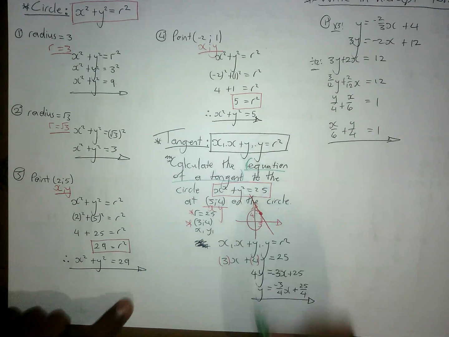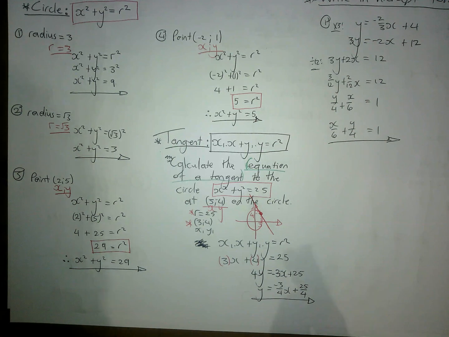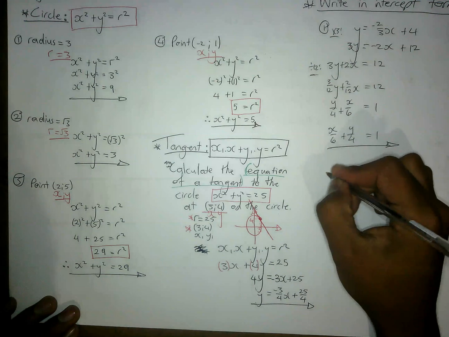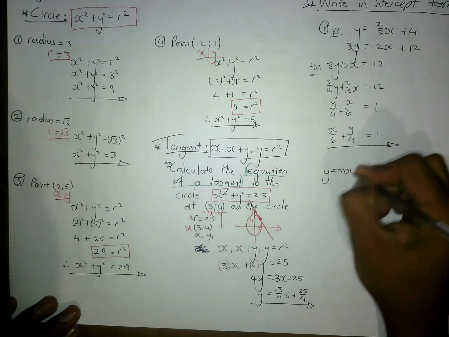A tangent is a straight line, right? So we need the formula of a straight line. What they're asking, the equation of a tangent, is the formula of a straight line. And we now know, because of yesterday, the formula for a straight line is y equals mx plus c.